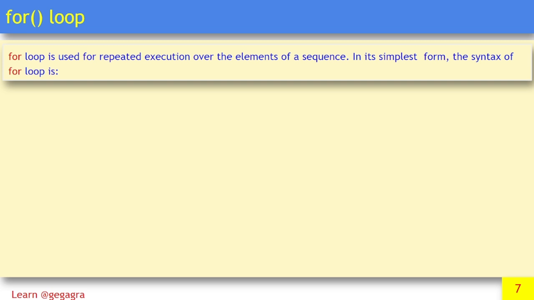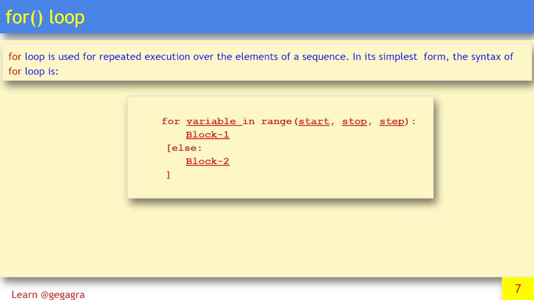In its simplest form, look at the syntax of the for loop. First we use for, then the variable name, then in, then range, and in parentheses we can have three components: start, stop, and step, then a colon, and press enter.